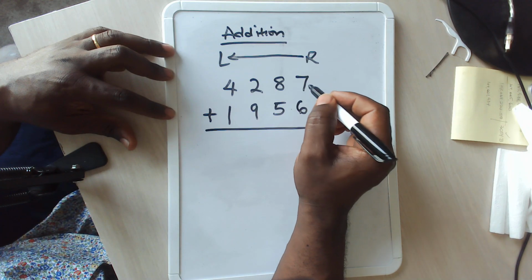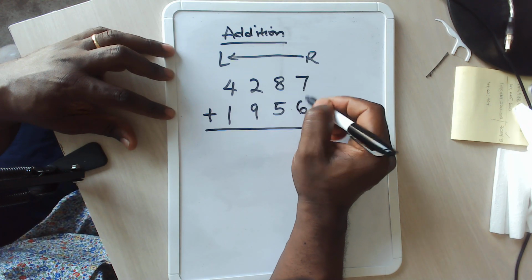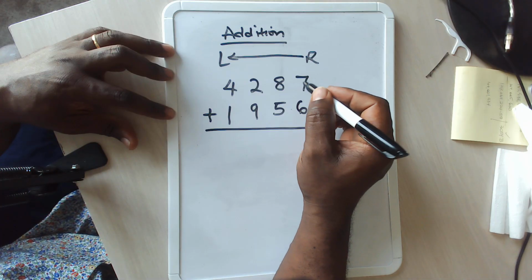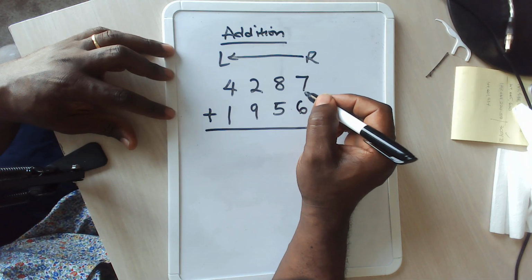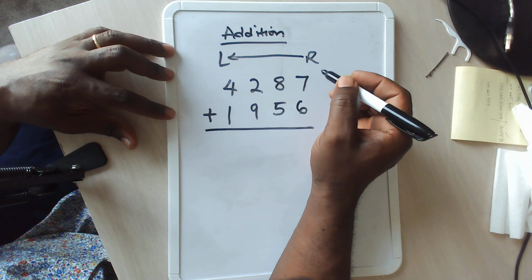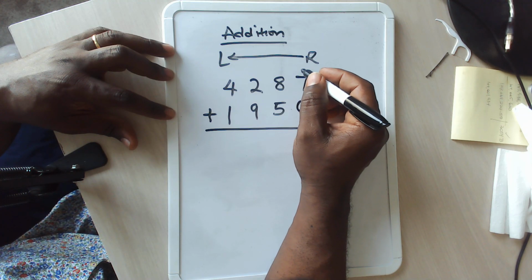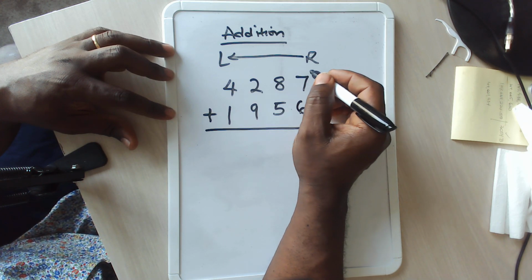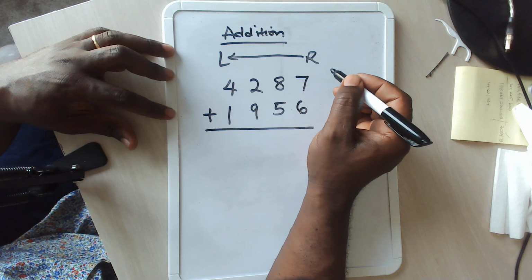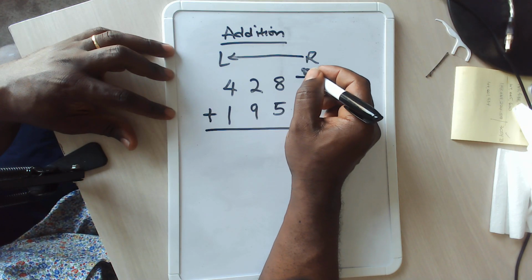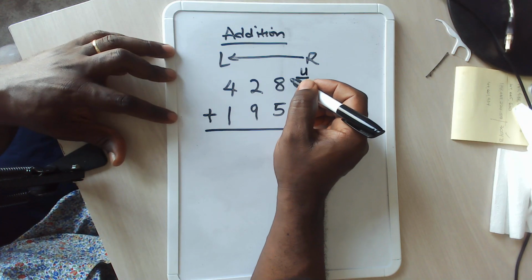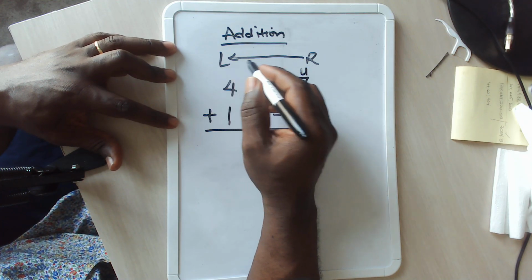For example, this one, the first one from the right, is the unit of ones. Some people prefer to just call it column of units. Some people will call it unit of ones, but it's the same thing. So we can denote that with U. The next one, don't forget we are moving towards the left.